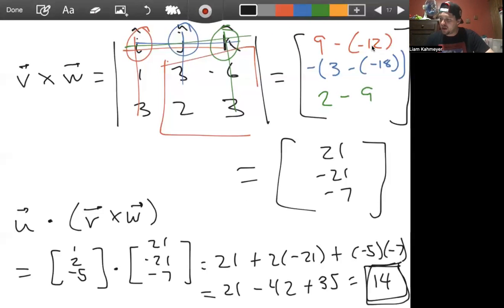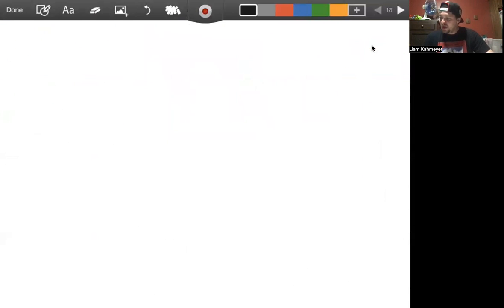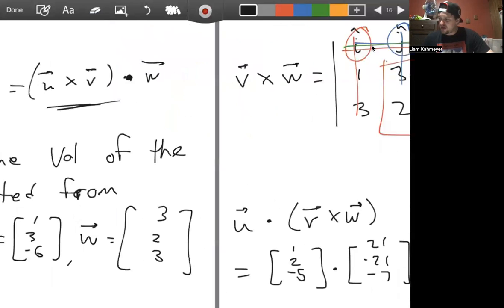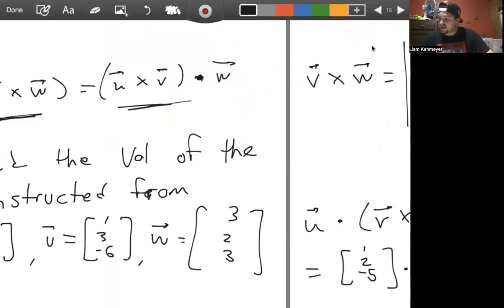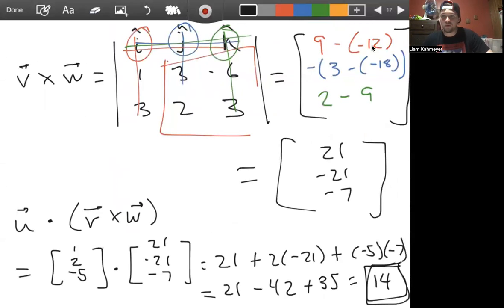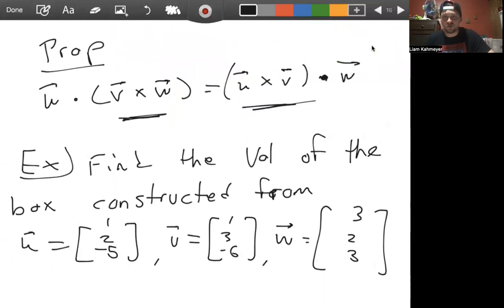Okay, and I think that's all I want to talk about for the cross product and its geometric applications. If you've taken Calc 3, hopefully a lot of this is review and I'm boring you to sleep. If I'm not boring you to sleep, then I hope this was a good introduction to the cross product and how to understand it.